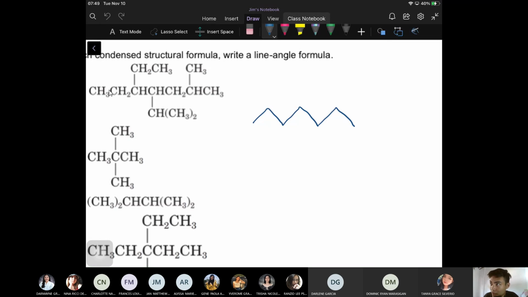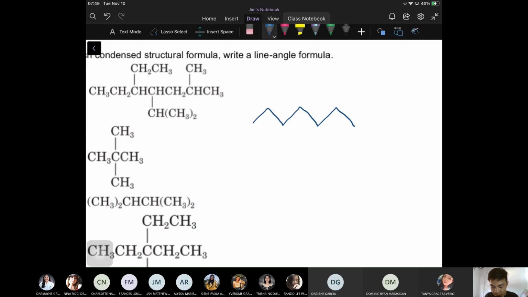Then, i-pattern mo siya dito. On the third carbon, you have your CH2, CH3. When you are placing CH2, CH3 or ethyl group, kailangan nakabend yan. Okay? So, yung iba kasi, ginaganito lang. Methyl yan eh. CH3 lang yan. Pero kapag ganito yan, CH2, CH3 yan. Always may bend.